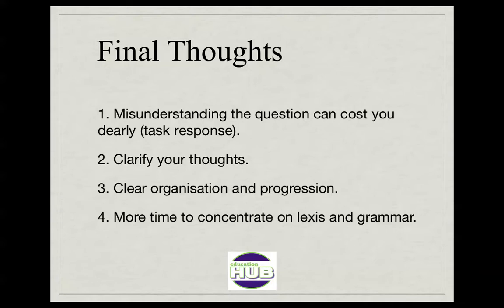Their lexical resource, their grammatical range and accuracy, their coherence and cohesion are consistently at band 7. However, if they do not answer all parts of the question, they are going to score band 5 for task response. So by following the tips that I've just mentioned in this video, hopefully you can avoid missing out answering one part of the question.